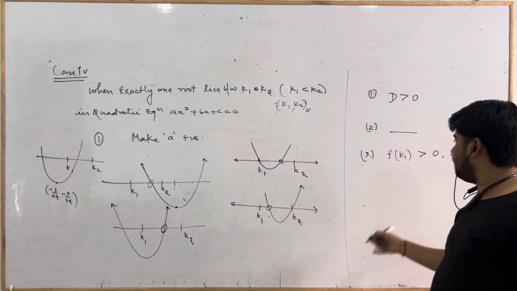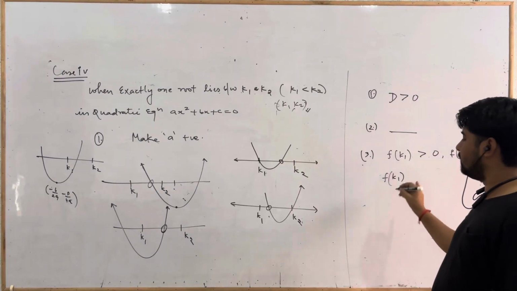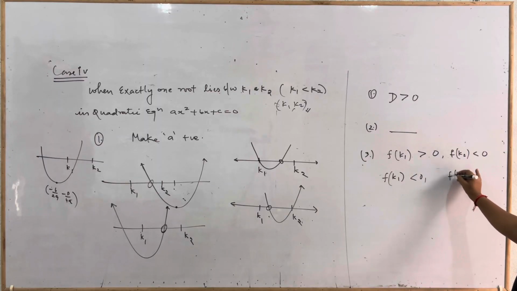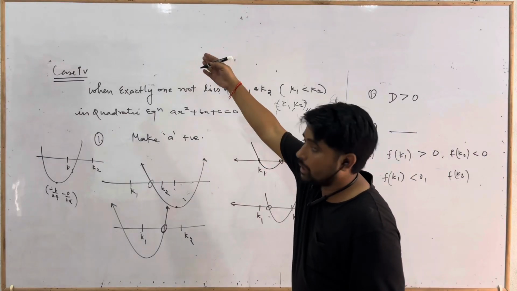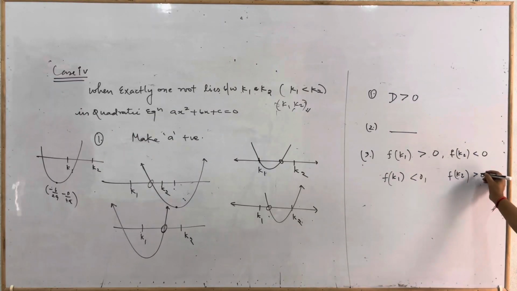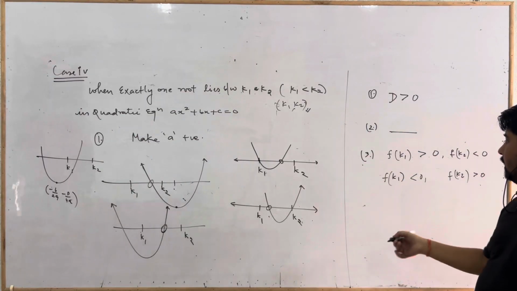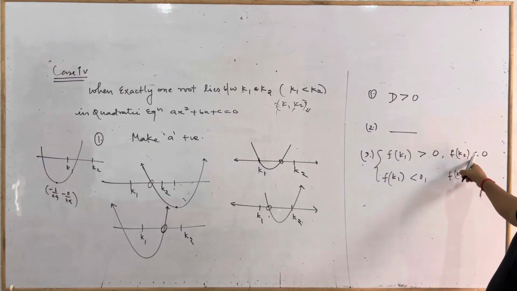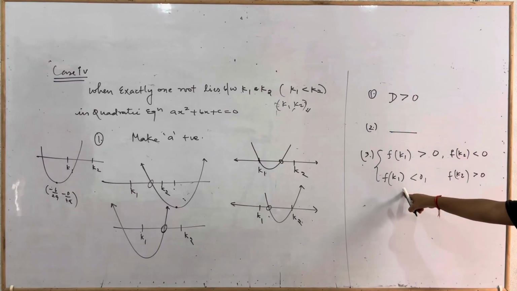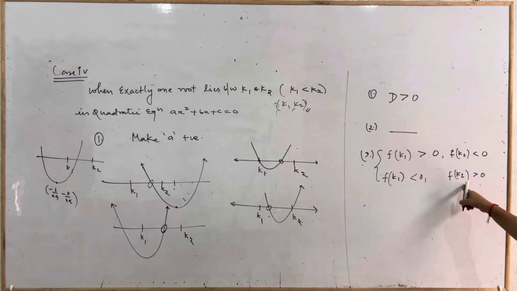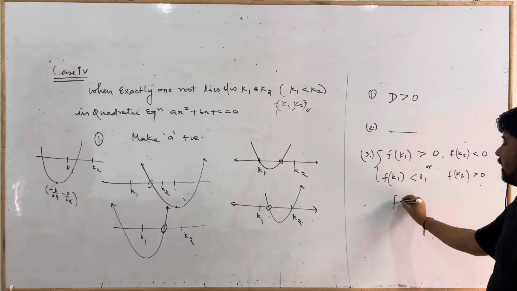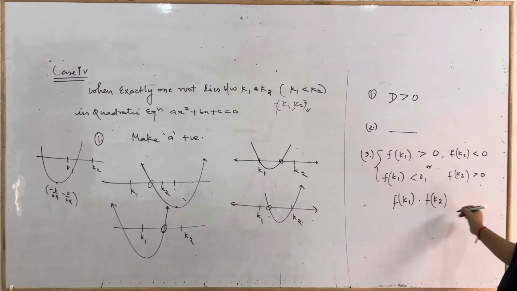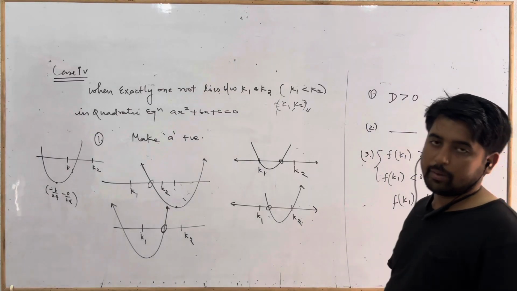From the second one, what I can write? f of k1 is less than 0. f of k2, if I draw a vertical line, is greater than 0. From these two cases, what I can say? One is positive, another is negative. In this one is negative, the other is positive. So if I combine, I can say f of k1 into f of k2 is basically less than 0. Are you getting my point?